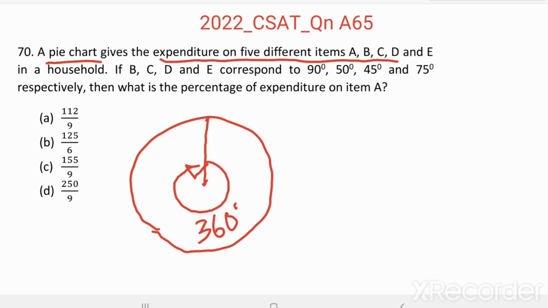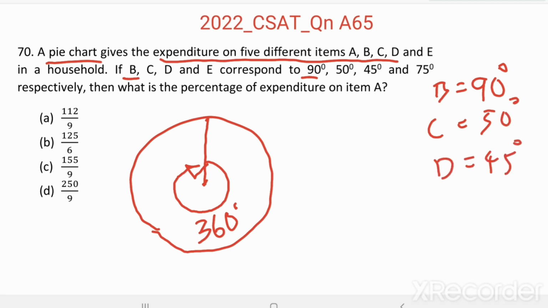Then it is given that B equal to 90 degree, C equal to 50 degree, D equal to 45 degree, E equal to 75 degree.